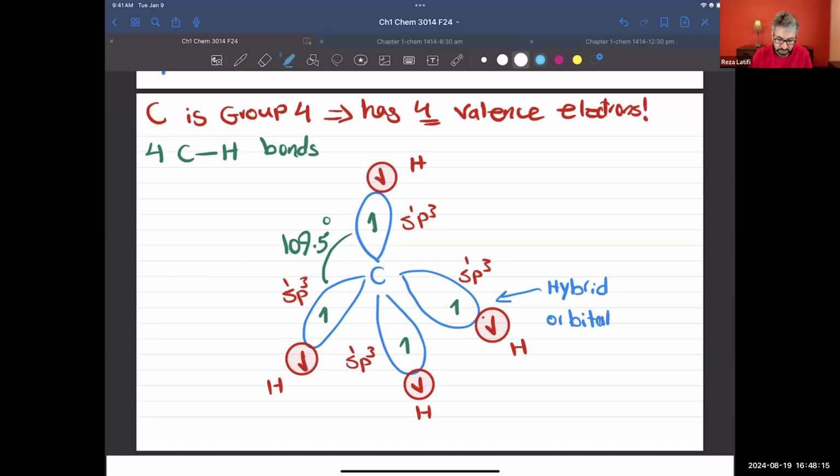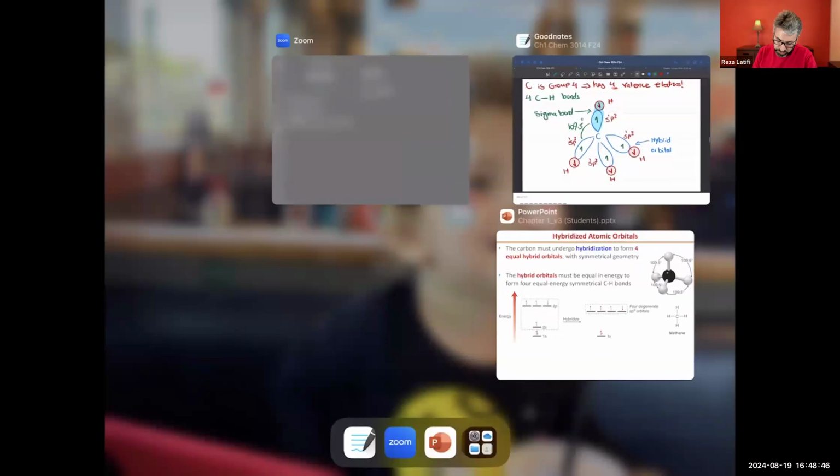Now you manage to get a new interaction. And what's that interaction? We call it sigma. So that's a sigma bond. So that's the way you get the hybridization for a compound like CH4, and answer why the bond angle is around 109. Let's move on and practice more examples.